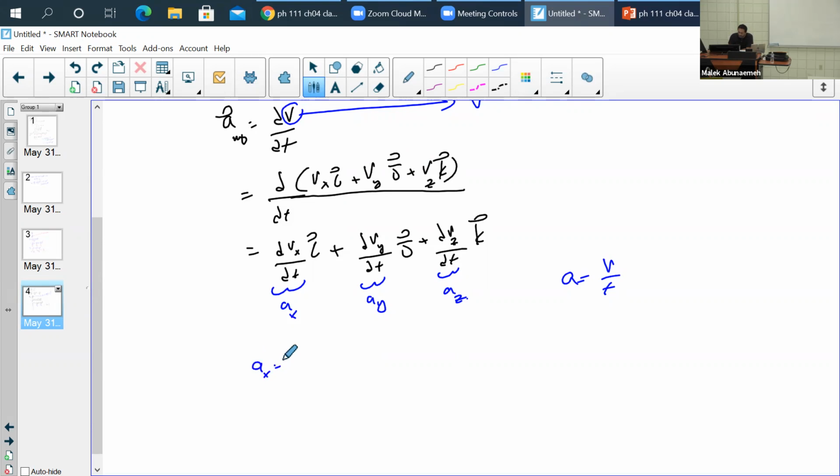Your acceleration in the x direction, go ahead and write it down, is dvx over dt. Your acceleration in the y direction is dvy, it's not dy, I'm sorry.